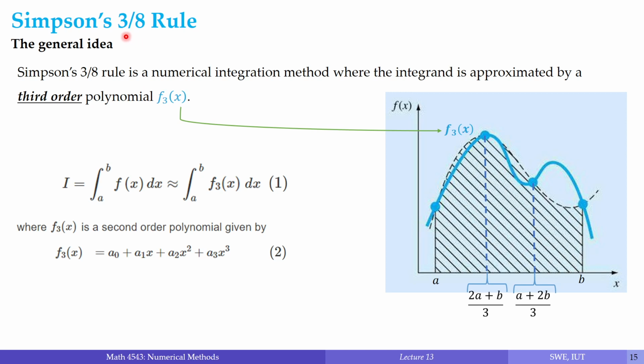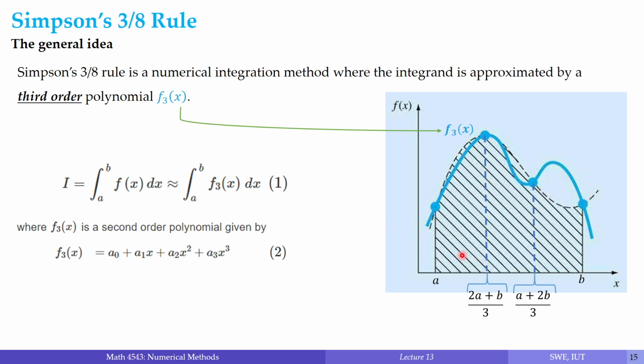Let's try to understand the concept behind Simpson's 3/8 rule. The idea is that instead of a first order or second order polynomial, we'll use a third order polynomial, denoted using f sub 3 of x. In order to end up with the third order polynomial, we need to consider 4 points within the limits.